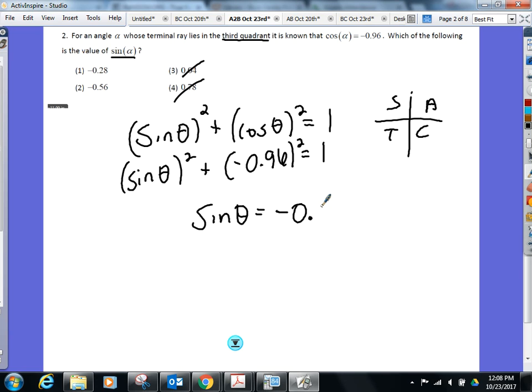Negative. Yep, 0.28, you got it. Can we get to that step? Square it, subtract it by moving it over, taking the square root.